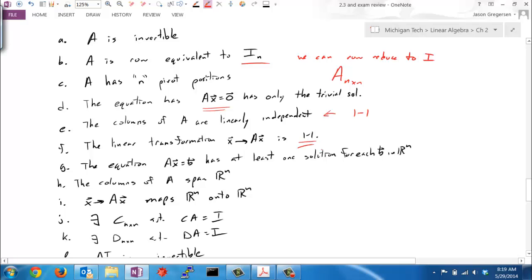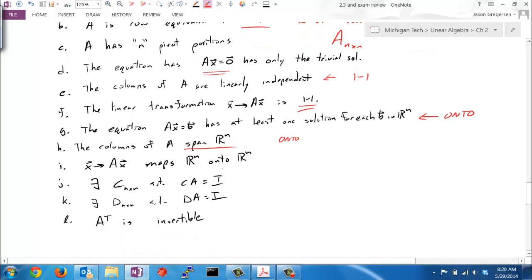The equation Ax equals b has at least one solution for each b in R^m. Well, this is just essentially the definition of onto. The columns of A span R^m. That's another definition of onto. Once again, all just saying the same thing over and over again.